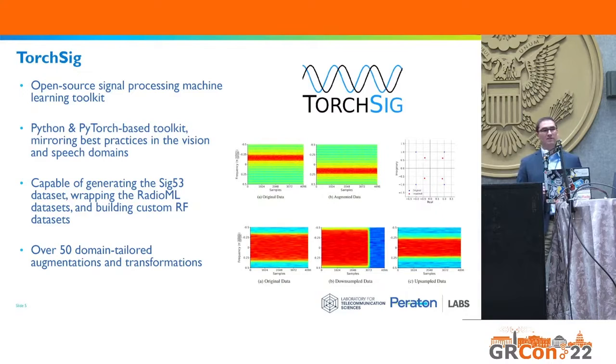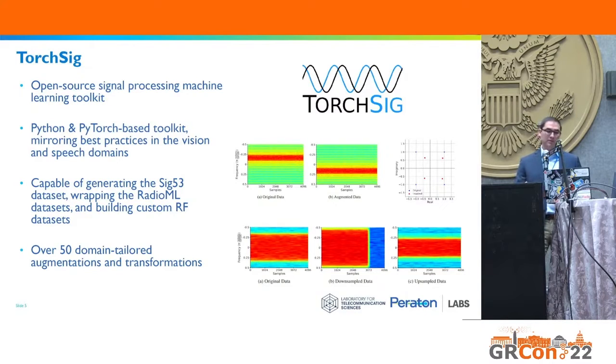And then on the bottom, we have a randomized resampler, so that can go up or down from the original data. And with all of these changes, we're dynamically updating the label information with any of these updates as well. So while I said that this talk is focused on the narrowband RFML side, if you were doing a localization in time and frequency task, the labels with the spectral inversion would be followed, for example.